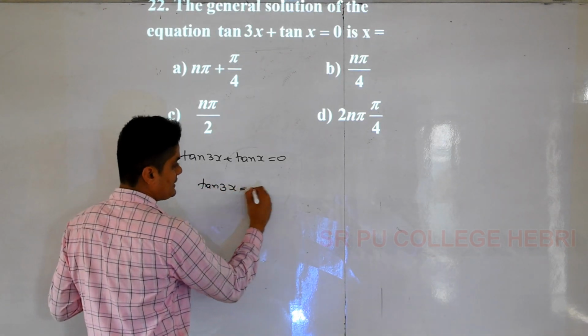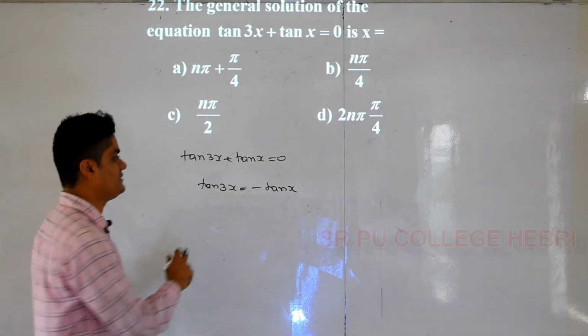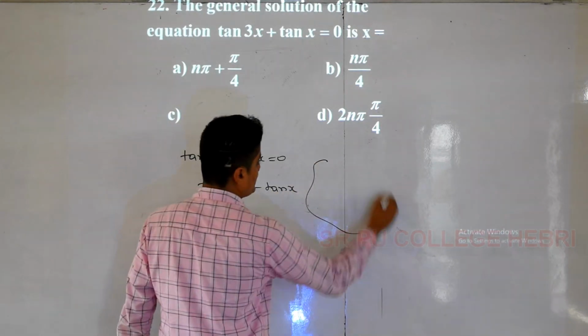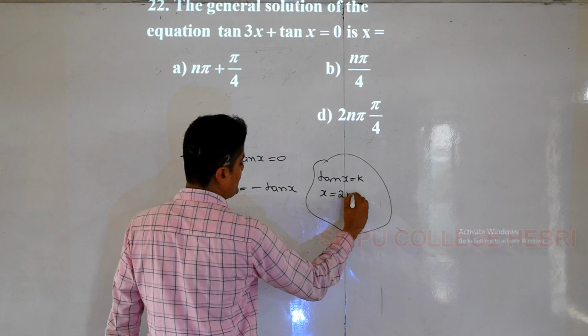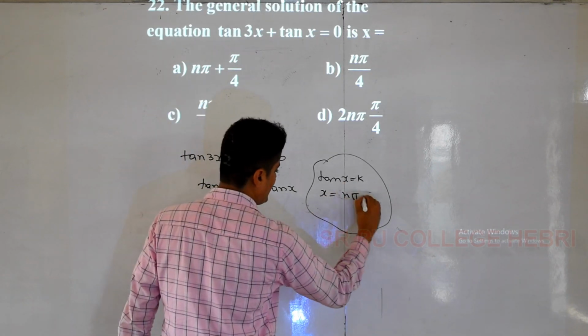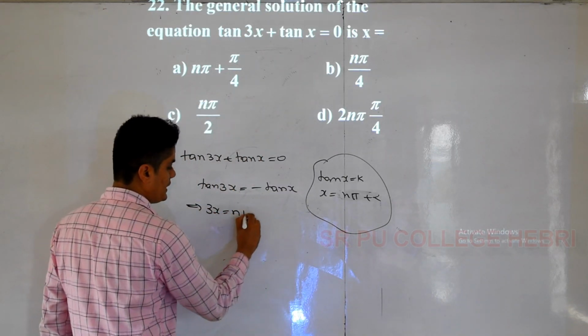See this. Write tan 3x plus tan x equal to 0 as tan 3x equals minus tan x. I hope you remember this formula. If tan x is equal to k, then what is the general solution? n pi plus alpha. So this implies 3x is equal to n pi plus alpha.